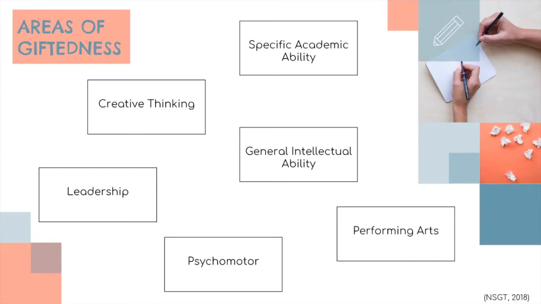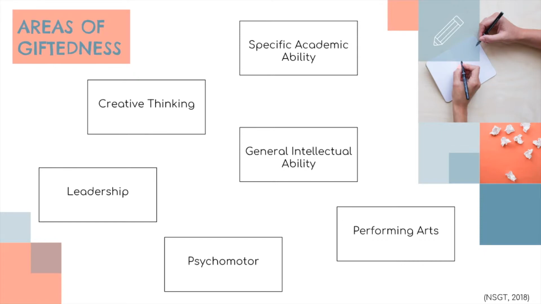When you talk about the creative thinker, it's usually someone who is very good when it comes to creating material. The gifted student in the area of creative thinking loves to invent things, and is particularly good in the area of expression.